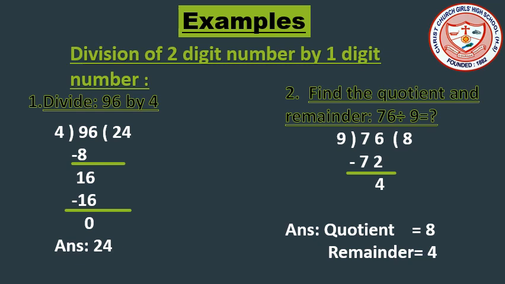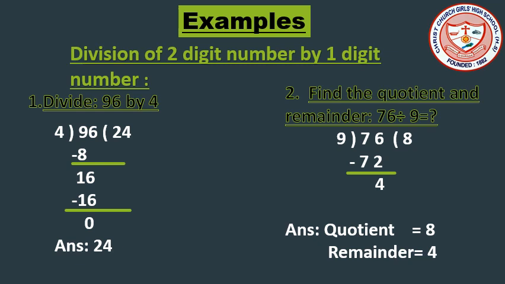We know 9 8s are 72 and 9 9s are 81. Now girls, 72 is smaller than the dividend, that is 76, right? And 81, that is 9 9s are 81, that is bigger than 76.